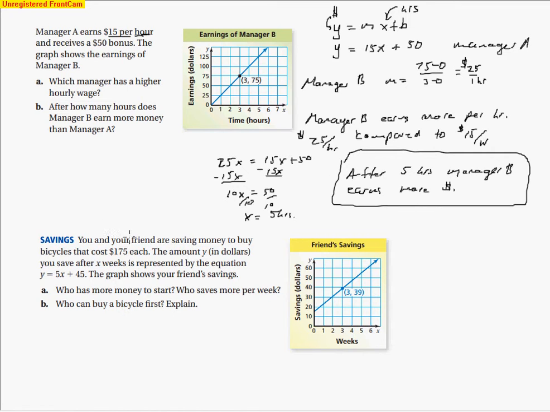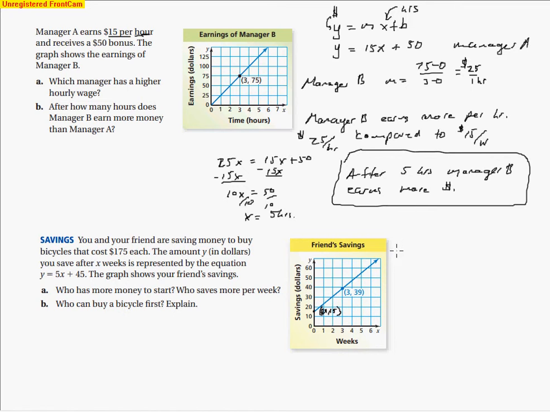You and your friend are saving money to buy a bicycle. It costs $175. And then it says the amount Y in dollars you save after X weeks represents the equation. This equation here, the graph shows your friend. So this is yours, this is your friend. So this is about 15. Let's call this 0, 15 right here is what that is.